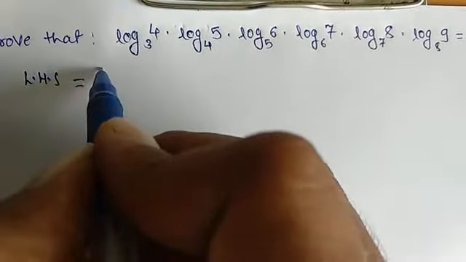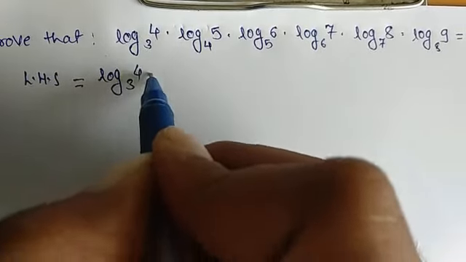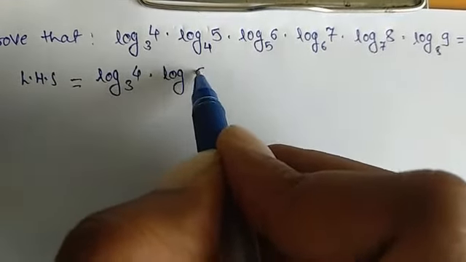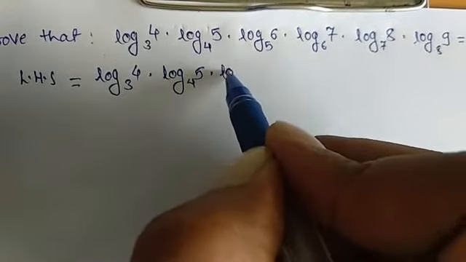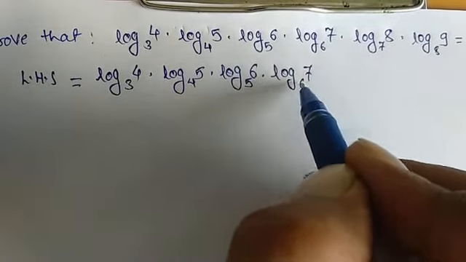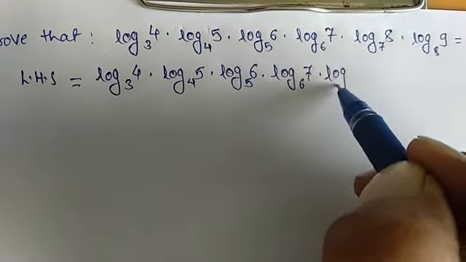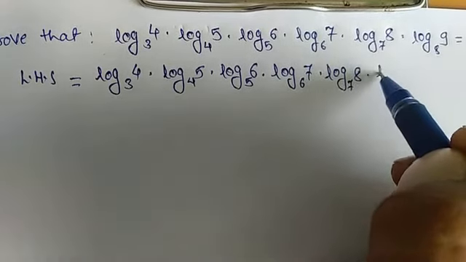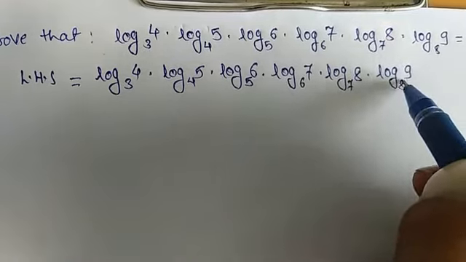Here it is log of 4 to the base 3 multiplied by log of 5 to the base 4 multiplied by log of 6 to the base 5 multiplied by log 7 to the base 6 multiplied by log 8 to the base 7 multiplied by log 9 to the base 8.